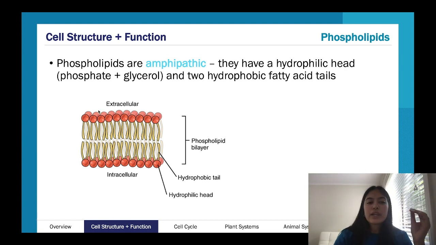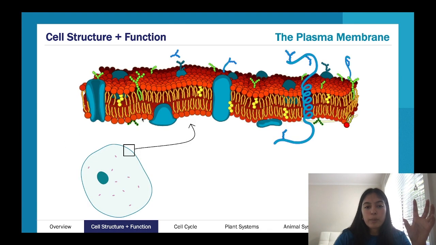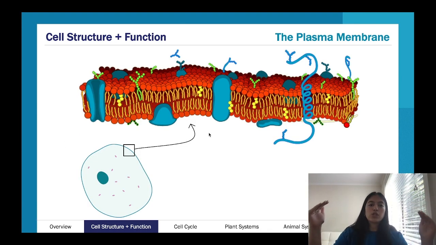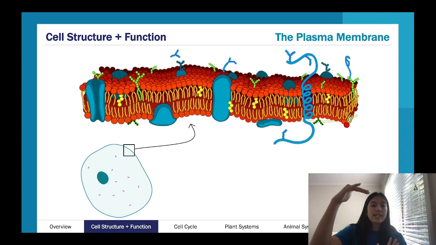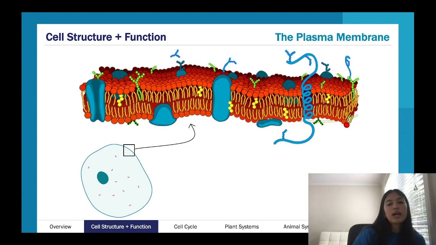So that's why one end is hydrophobic and one end is hydrophilic, as you can see here. The head will mix with water. The tail does not like water. So that's why we get this kind of formation. The tails gravitate towards each other and they're on the inside of the plasma membrane, and the heads will face the outside because on the outside will be water, will be polar molecules, right?